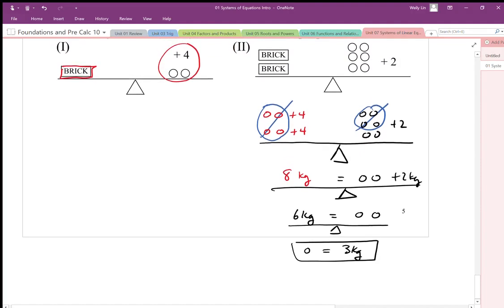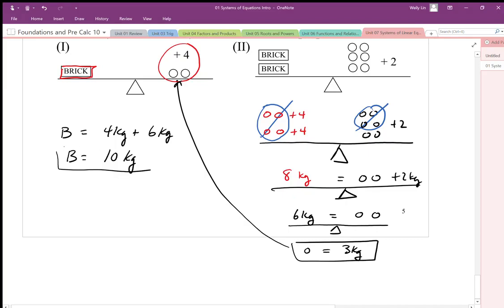And if I figured out how much each circle weighs, well, I know that 1 brick is going to be equal to 4 kilograms plus 2 circles. Well, those 2 circles equals 6 kilograms together. And that means that 1 brick must be equal to 10 kilograms. And I've actually figured out how much 1 brick weighs and how much 1 circle weighs.